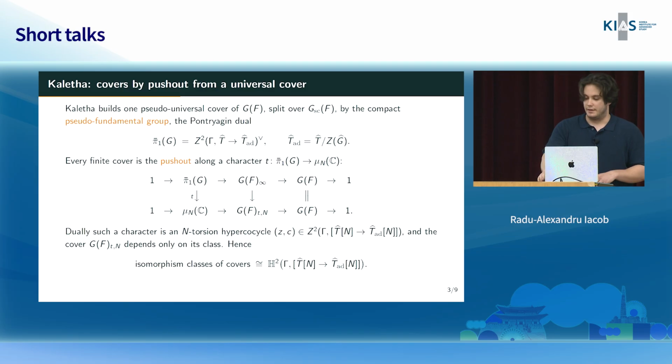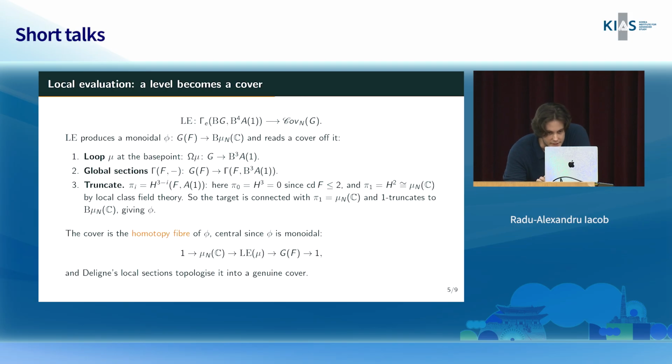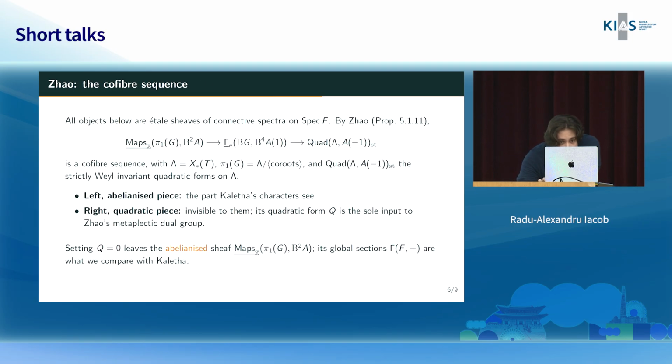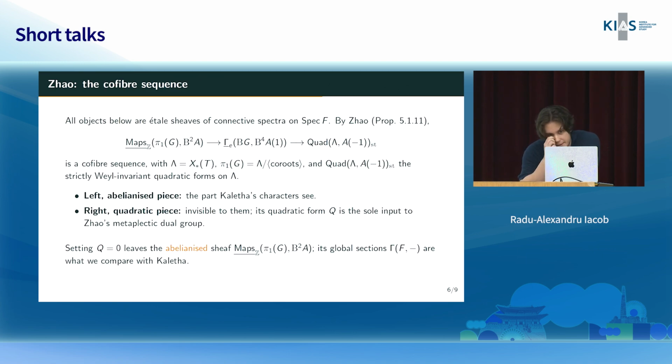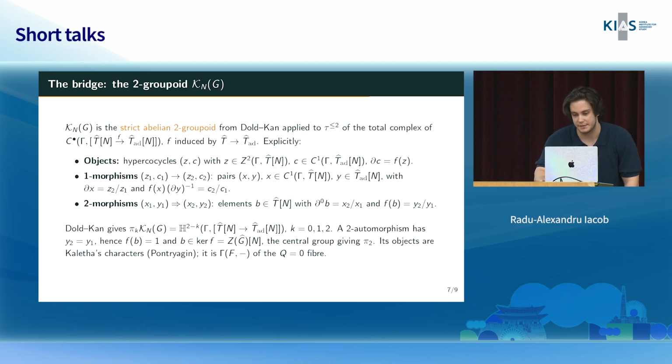So that's basically the motivation for this object I'm going to introduce now, which is this two-groupoid K and G. So what is this? Basically, this is exactly what you get when you take this internal hom of this maps fiber and you take global sections over Spec F. You get a space. And then it ends up being isomorphic to this.